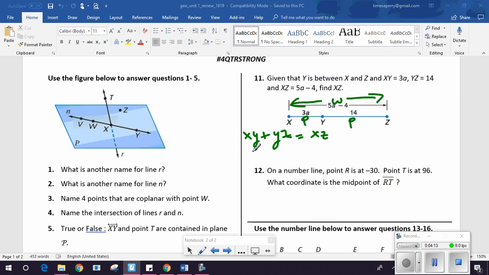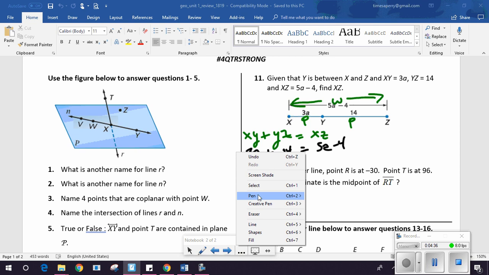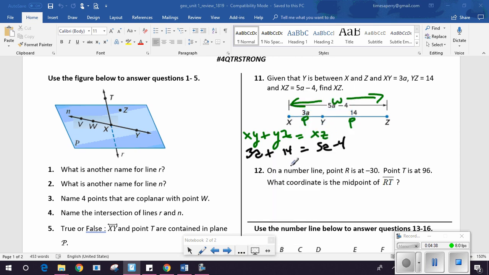And then substitute to show your algebraic equation. So 3a plus 14 equals 5a minus 4. Now, let's follow our algebra steps correctly. So I would subtract 3a on both sides, which would leave me with 14 is equivalent to 2a minus 4.